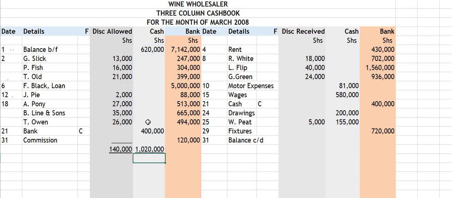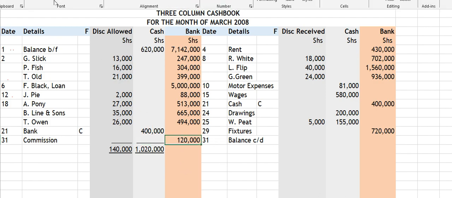My total cash is 1,020,000. That is on the debit. Then I also do the same for the bank account.